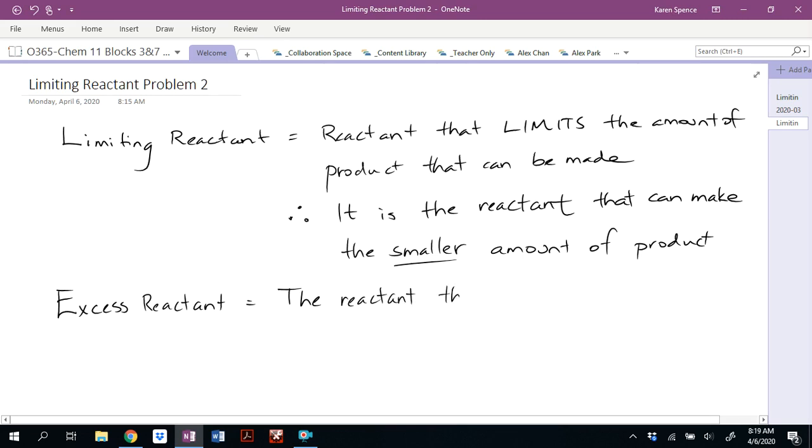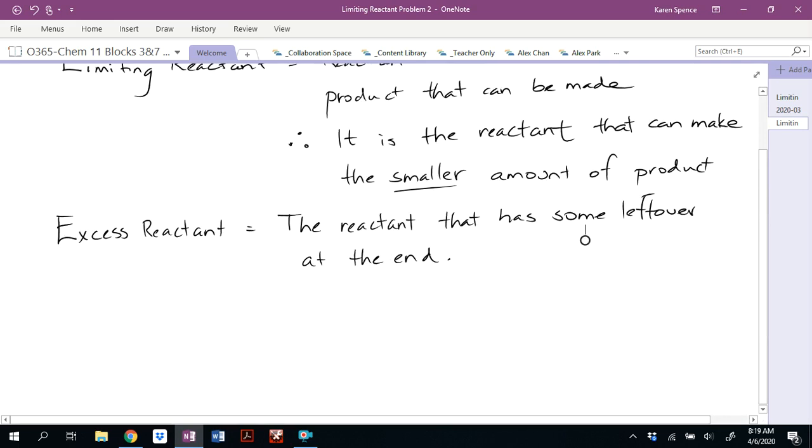The reactant that has some leftover at the end. It's the reactant that would make the larger amount of product if you had enough of the other reactant to make it.